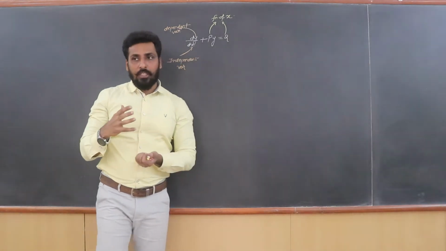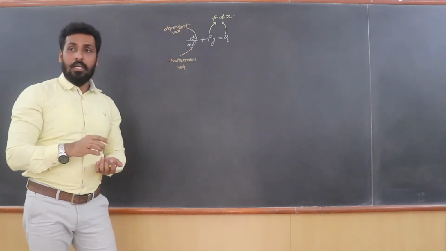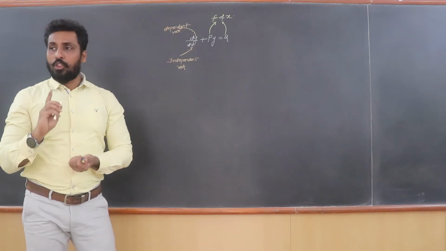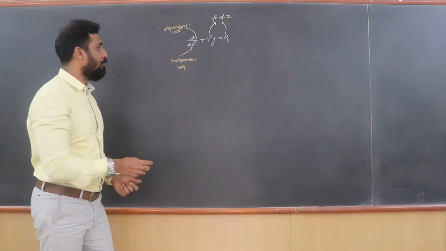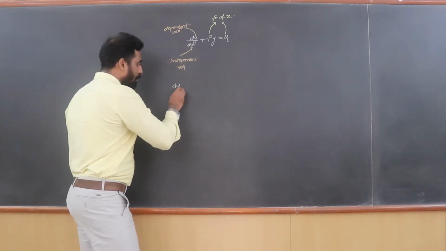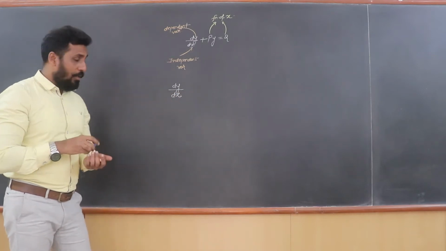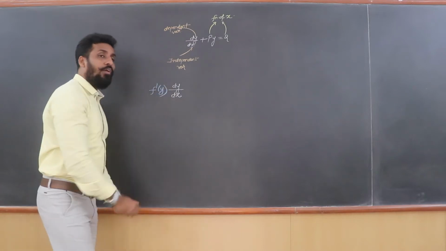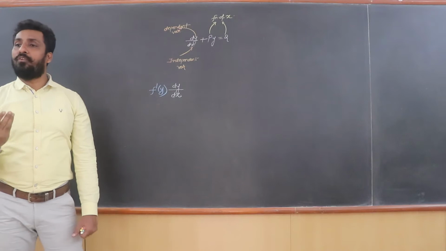Now how is the differential equation going to change? Observe carefully. What changes will you notice over here? dy by dx will come as it is. Again, I am going to discuss two differential equations. Of that, the first one, again dy by dx will come as it is, but this time this dy by dx will be accompanied with f1 of y. When I say f1 of y, it means the first derivative of the function f of y.